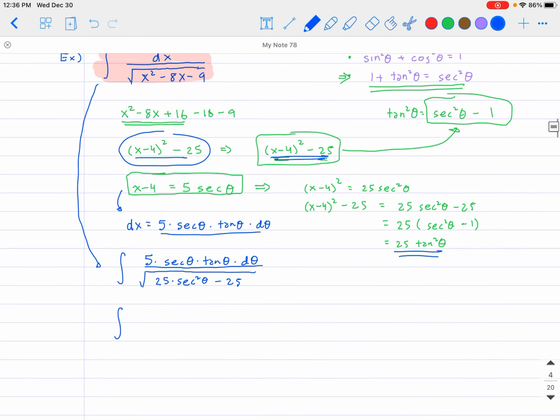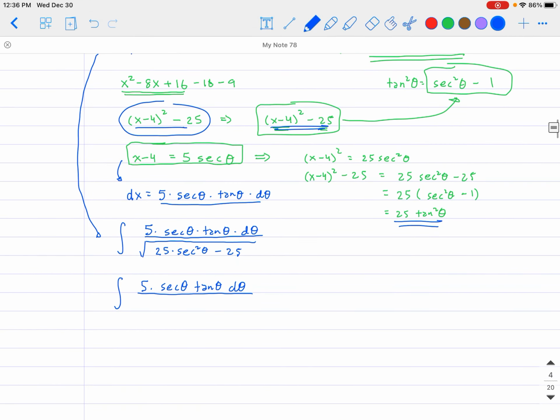Now the top part stays as is, so 5 multiplied by secant of theta times the tangent of theta times d theta, all divided by the inside of the bottom part. Well, we're going to take out the 25 as we said, and then we also have secant squared of theta minus 1, and all of that is inside the square root.